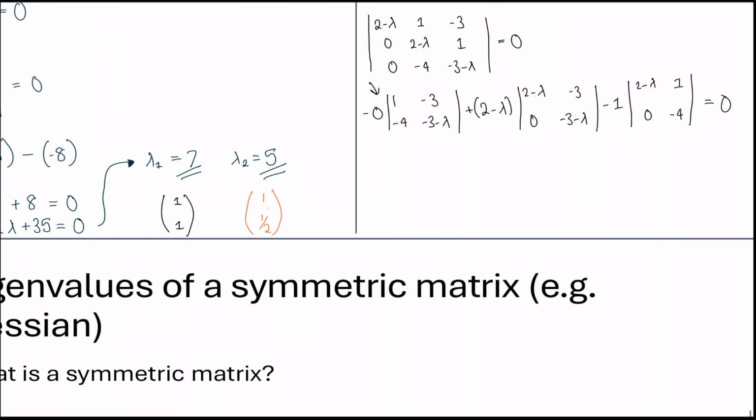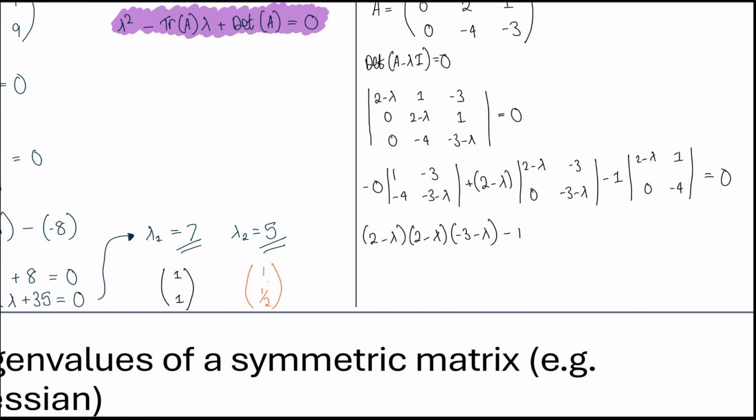So of course we don't need to compute this one, and we can skip over straight to this, and we get 2 minus lambda, 2 minus lambda, minus 3 minus lambda, and then minus 1 brackets minus 4, 2 minus lambda is equal to 0.